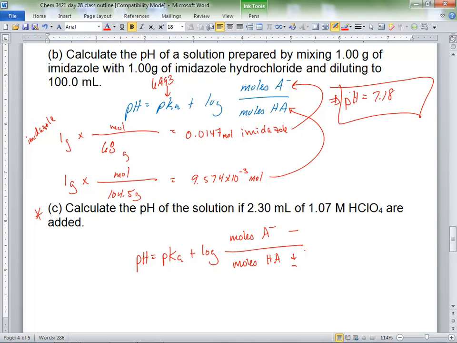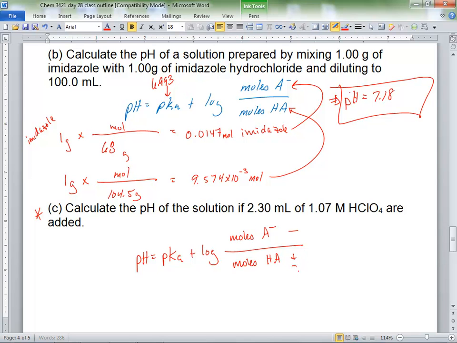We're going to add some acid. You said that it was going to decrease the moles of conjugate base. That makes sense because it reacts with it. The conjugate base turns into the conjugate acid. This one has to be plus.